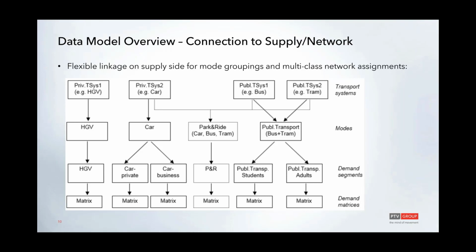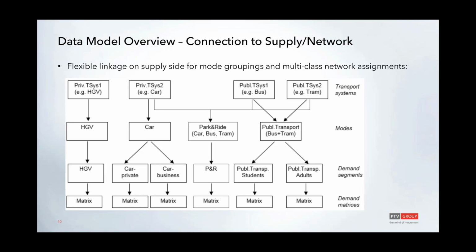But when we say transport system in the context of transit or public transport, we can have multiple transport systems defined as buses, trams, subway, metro, and such. And then these can be further grouped into another primary mode, which is, let's say, an overall transit mode. So this way, bus and tram form the submodes of this primary mode.